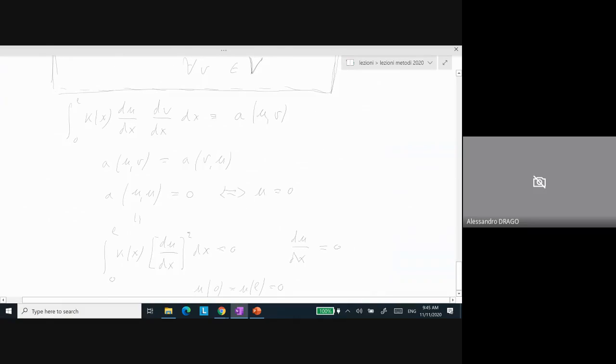The norm square of a vector is typically the scalar product of a vector with itself, and this property that we just discussed tells us that the norm of a vector is equal to 0 only if this vector is 0. So altogether, we can claim that A defines a scalar product.